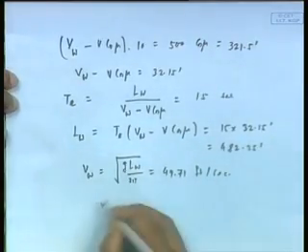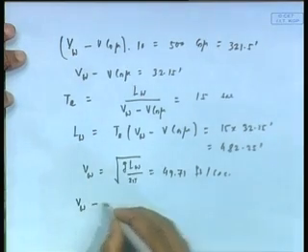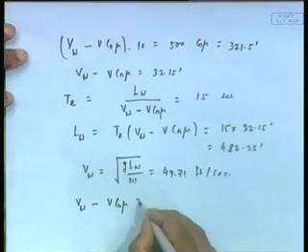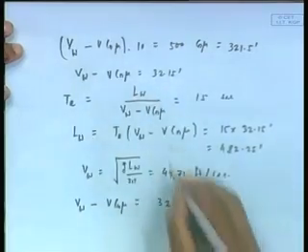Now we need to find V ship. So we have Vw minus V cos mu equal to 32.15, that we had here, this relation.